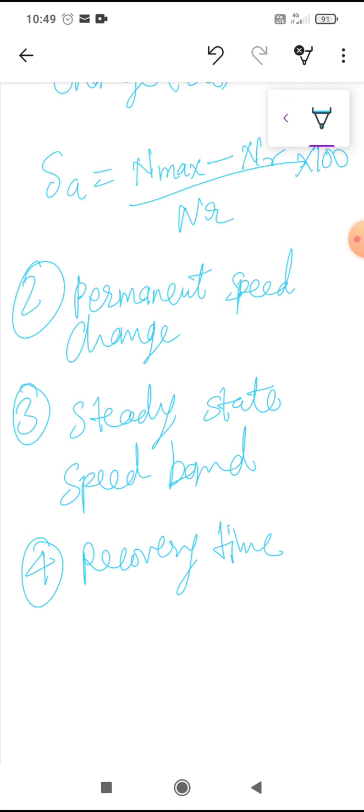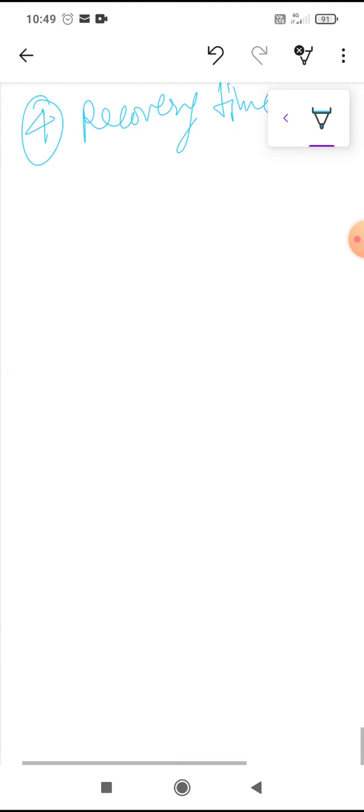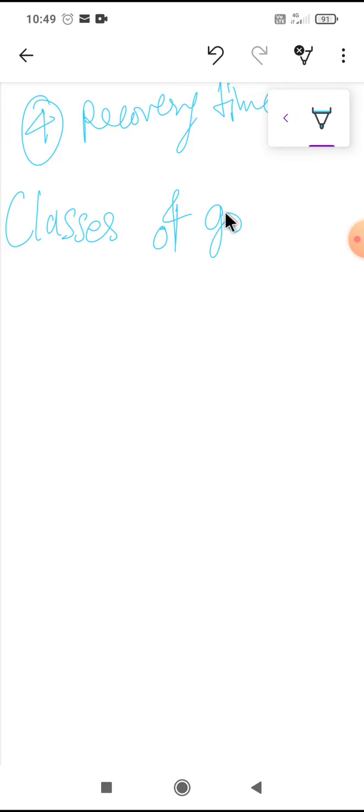Now, what are the classes of governing? In which classes is governing divided? We will now discuss the classes of governing.